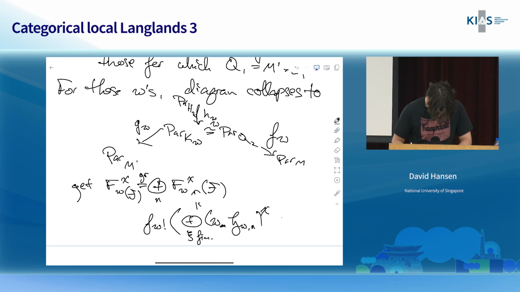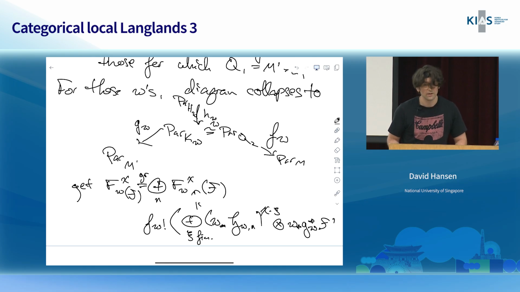And that should be that minus that. And then what do I tensor this with? I tensor this with GW, sorry. So I had this perfect sheaf F primed on the Levi stack. It's on the parameter stack for M prime.